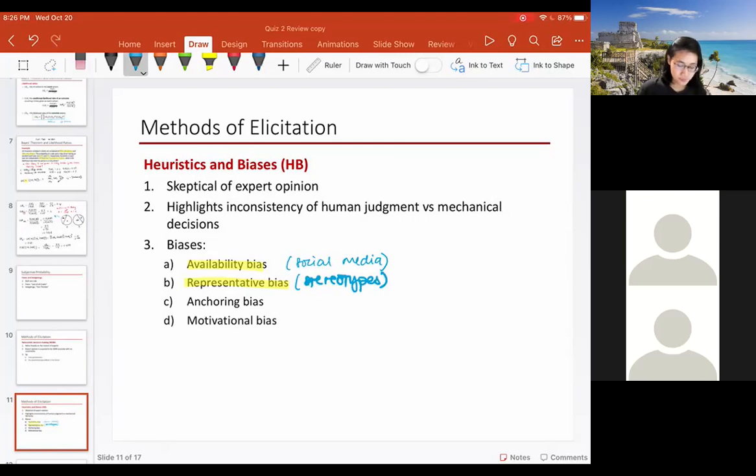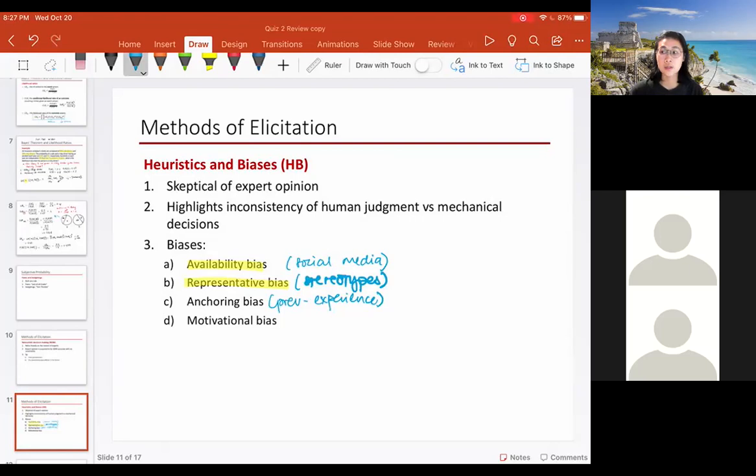Just quickly to go over anchoring bias and motivational bias. Anchoring bias is based off previous experience. And the example I like to use is lottery tickets. If you have previously won the lottery, you will probably buy another ticket thinking that you are likely to win the lottery again because of anchoring bias, because your previous experience has told you that, oh, I can win a lottery.